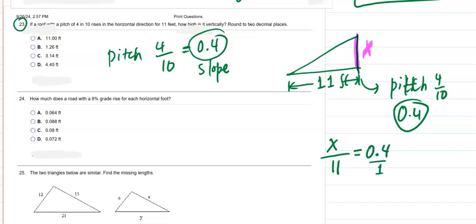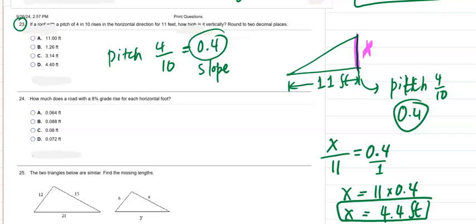If you do cross multiplication, you get x equals 11 times 0.4, which gives you x equals 4.4 feet. So the answer for this question is x equals 4.4 feet, D. And if you divide 4.4 by 11, you get 0.4, obviously.